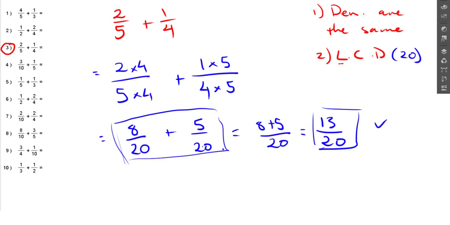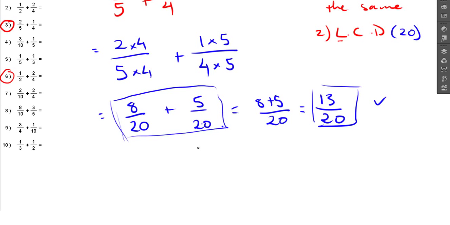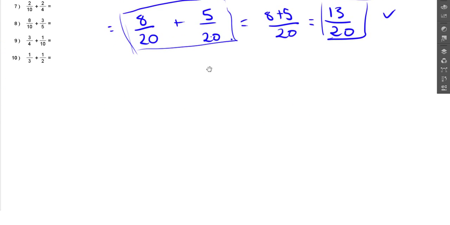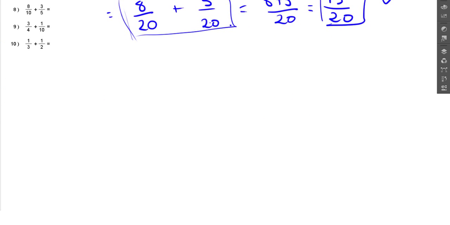Alright, so let's try, what was it, question 6? Let's say we'll do question 6. Okay, so that's a half plus 2/4, which is another half, isn't it? So you can probably guess what the answer is going to be. But let's write the question anyway. So 1/2 plus 2/4.